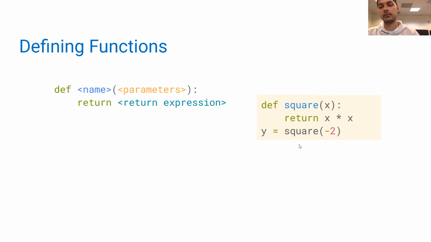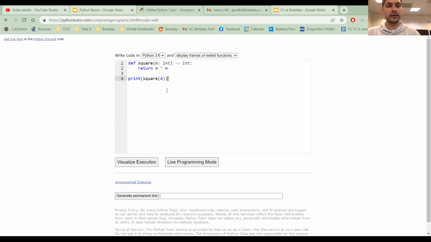So we create the function square, which returns x times x. Then we're setting y equal to the expression where we call square with the parameter -2. What this looks like in Python tutor is y equals square of -2.